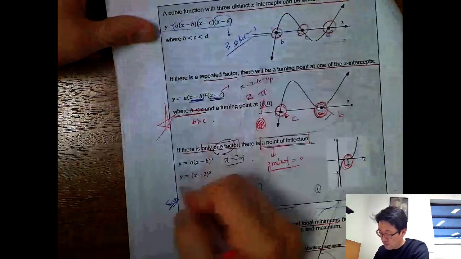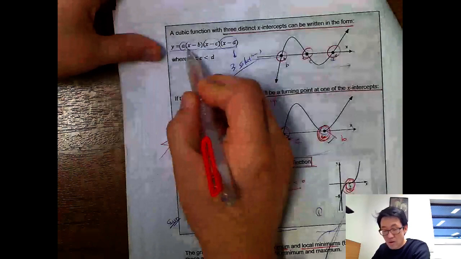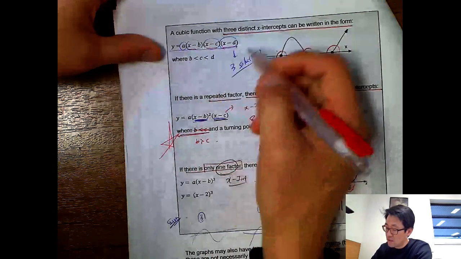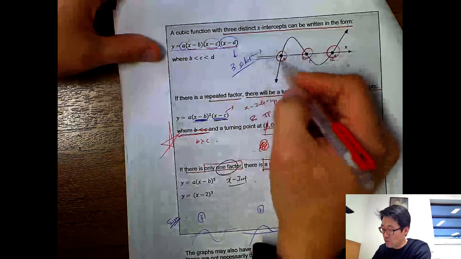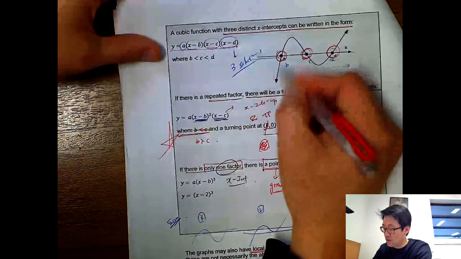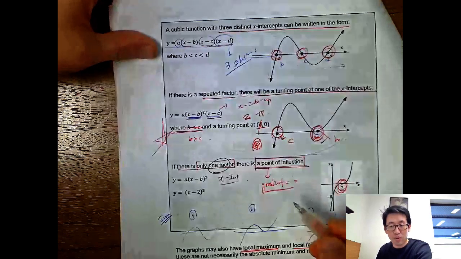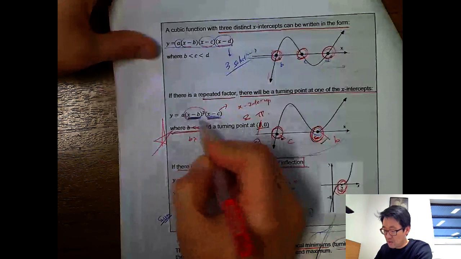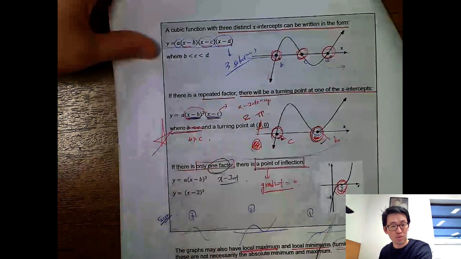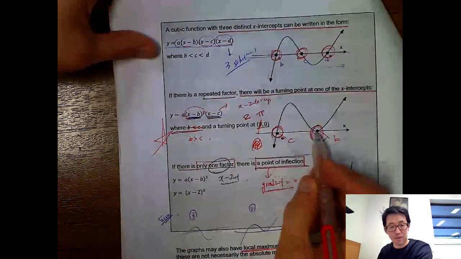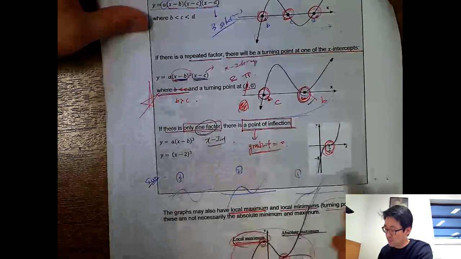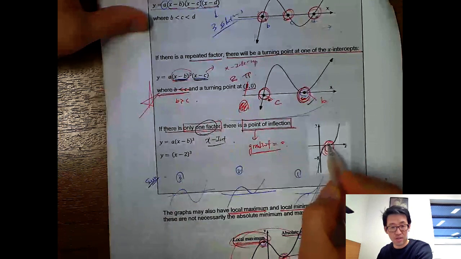When we have 1, 2, 3 x-intercepts or 3 solutions, we have this looking cubic graph, wasn't it? Positive. And we could have 1 repeated, which means we got 2 solutions or 2 x-intercepts. Or we could have only 1 factor or solution, which means only 1 x-intercept.